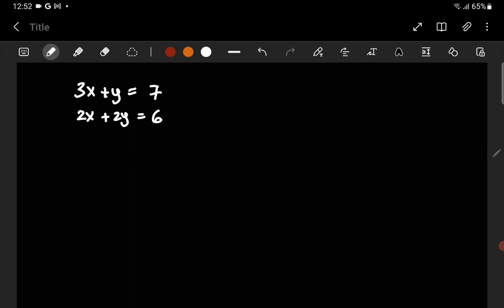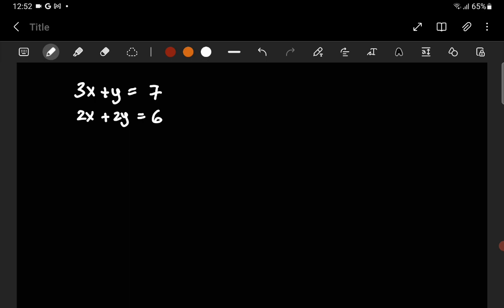Now, simultaneous equation means that you need to find the value of x and y, and then if you place it in both of them, the result will be the same as the value on the right side. Yeah, so if you put the x and y in both of them, the equation will be correct.